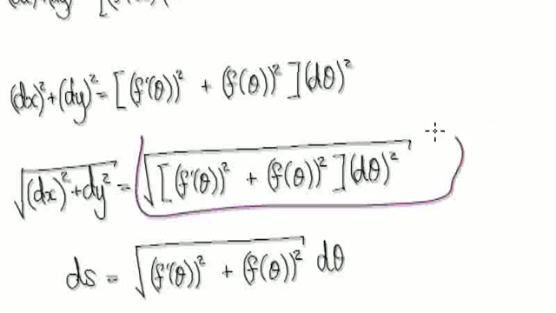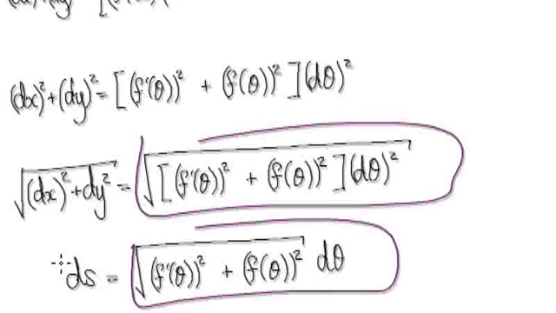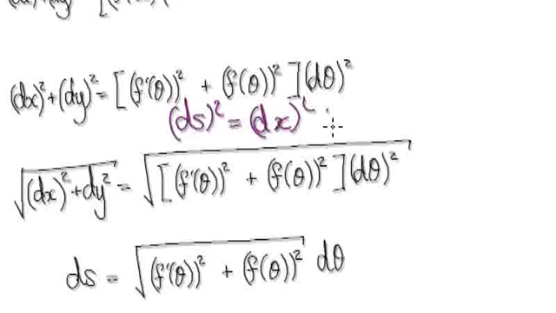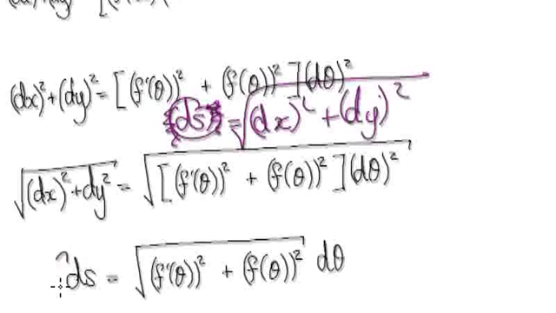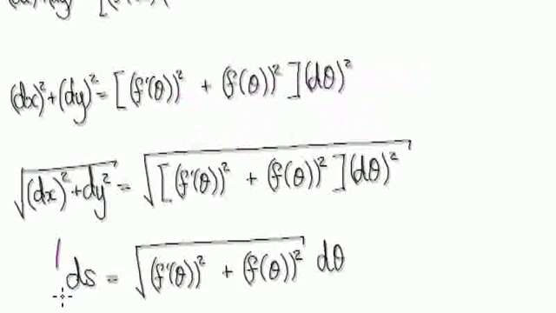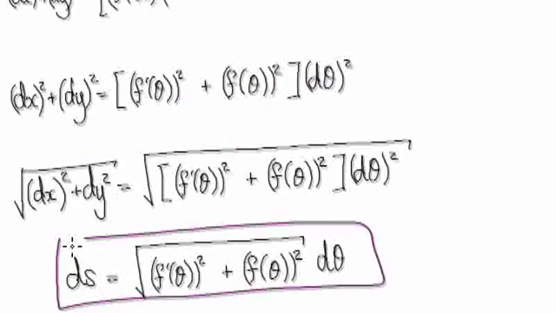So from here it takes you to here. This thing here, don't forget, is ds, because ds squared equals dx squared plus dy squared. If you take the square root of both sides, then ds equals this.